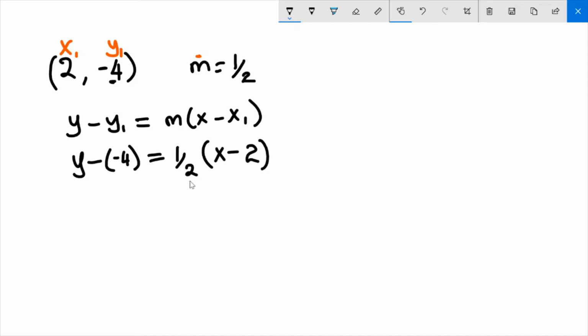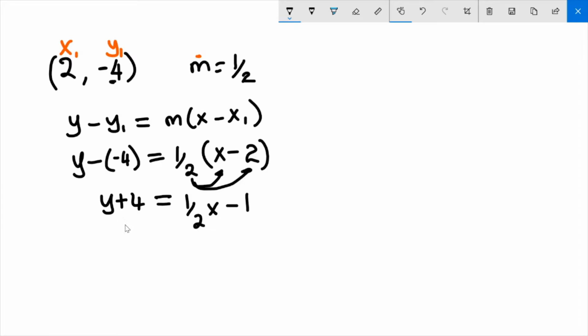Again, even though this is a fraction, we still have to distribute. So distribute the half there and half there. So y minus negative 4 will be y plus 4. Remember, two negatives cancel out to get a positive. This equals half times x, which is 1/2 x, and half times negative 2 is negative 1.